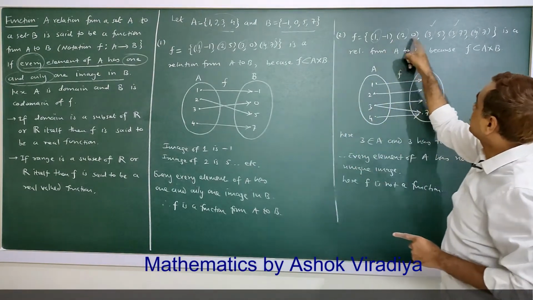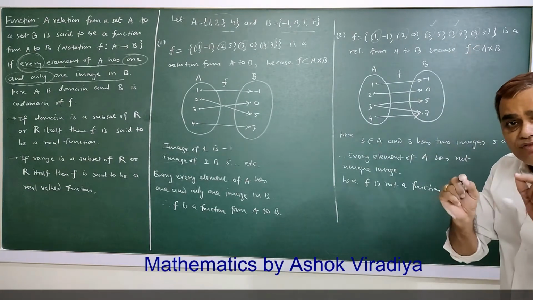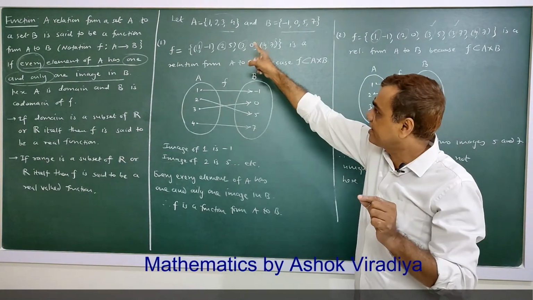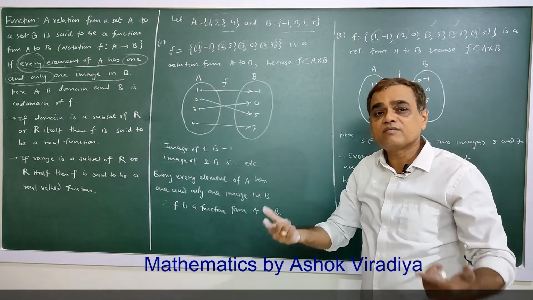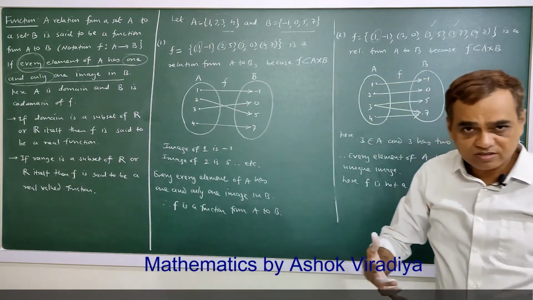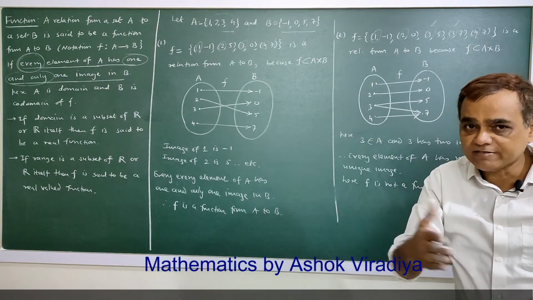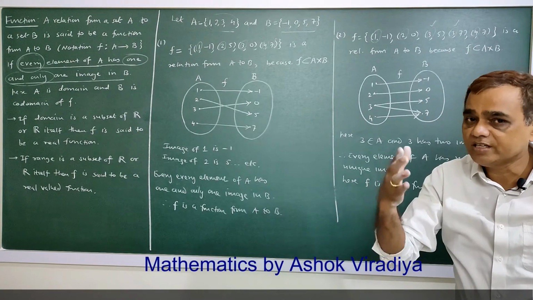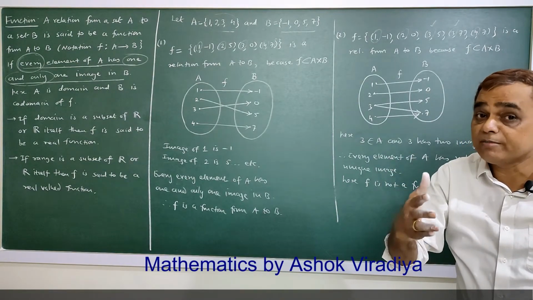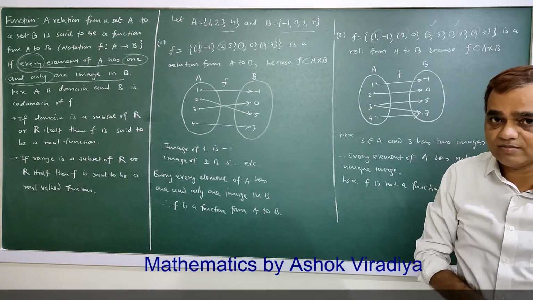If you find repetition, not allowed. If you find anything missing in first place from set A, it is not a function. So for a given relation to be a function, check the first place in every element of that relation. In first place, every element of set A must appear without repetition.